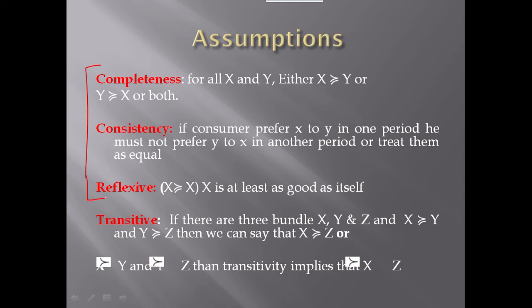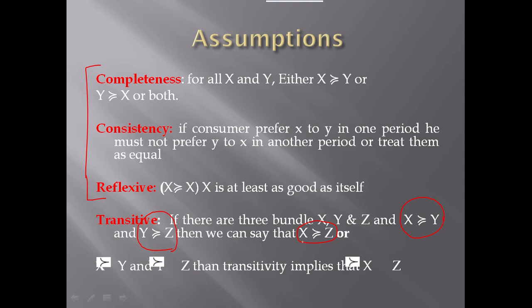Another assumption is transitivity. If there are three bundles X, Y and Z, X is at least as good as Y. This is one relation. Y is at least as good as Z. Then we can say that X is at least as good as Z. What does transitivity ensure?